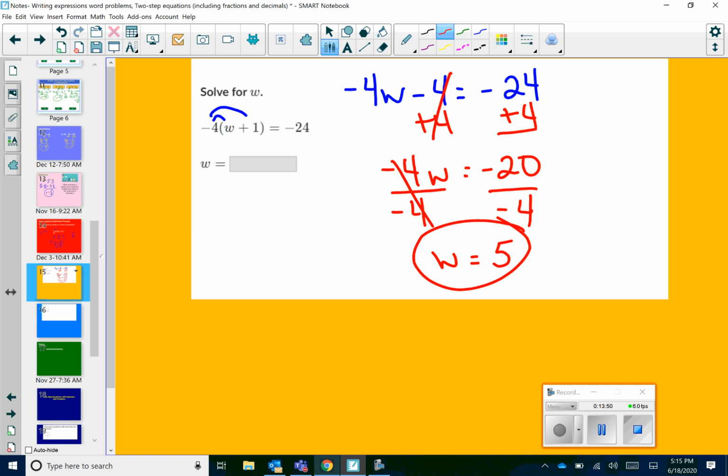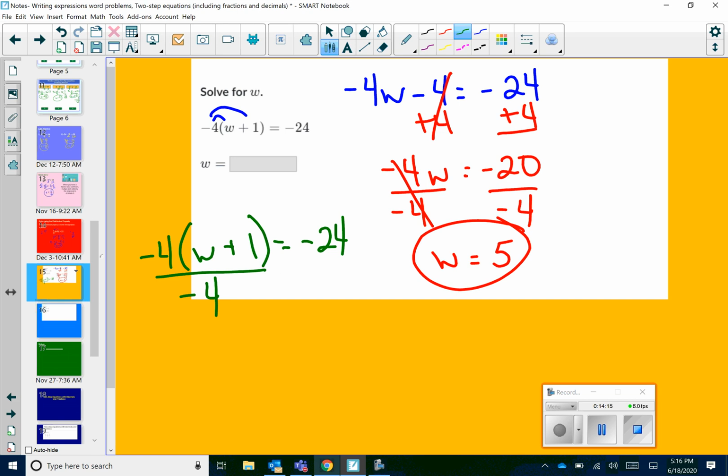I'm going to show you one other way that you can do this. Let's do this in green. I'm going to rewrite our problem. You might see this problem done this way when we get to the find the mistake skill. You can eliminate this number in front of your parentheses in the very beginning of the problem. We know that distribution is multiplication, so I can actually eliminate my negative 4 right away by doing the opposite, which is division.